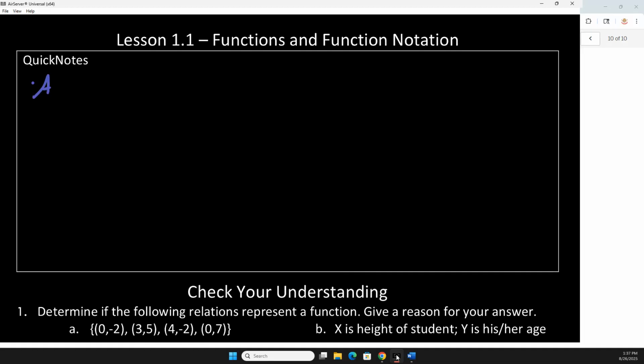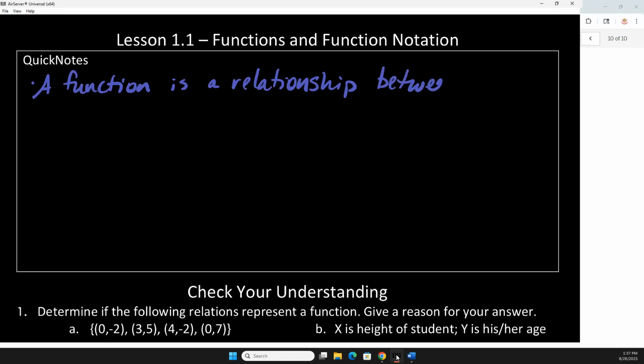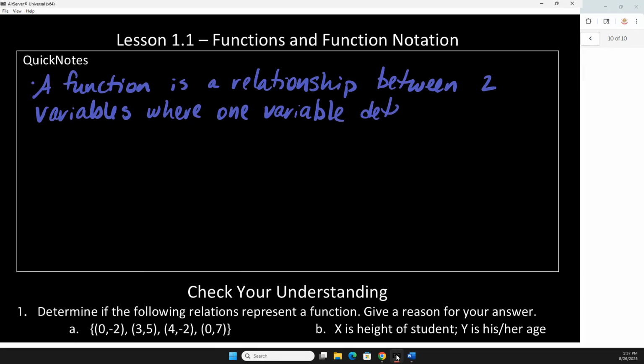Alright, so a function is a relationship between 2 variables where one variable determines the other.